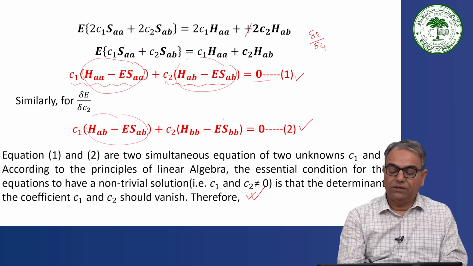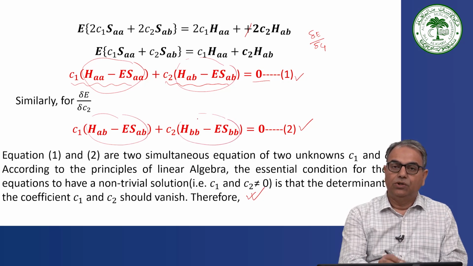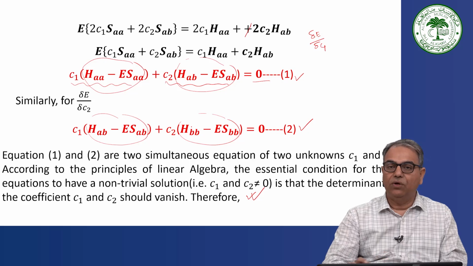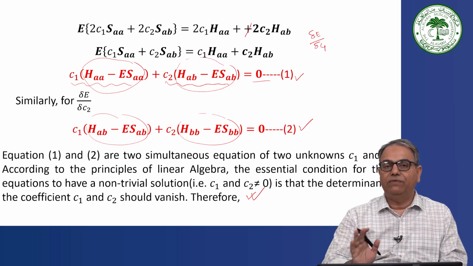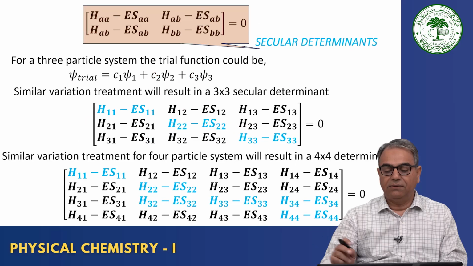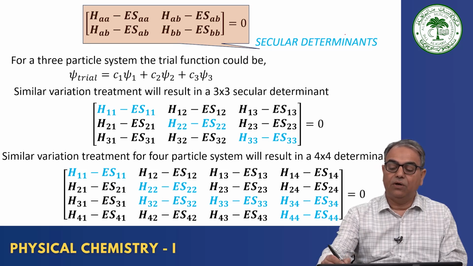And the fourth coefficient is HBB minus ESBB. If you write a 2 by 2 determinant with these coefficients, that determinant should vanish, that means the determinant value should be equal to 0. So we write a determinant like this: HAA minus ESAA, HAB minus ESAB, HAB minus ESAB, HBB minus ESBB is equal to 0. This determinant is called the secular determinant.